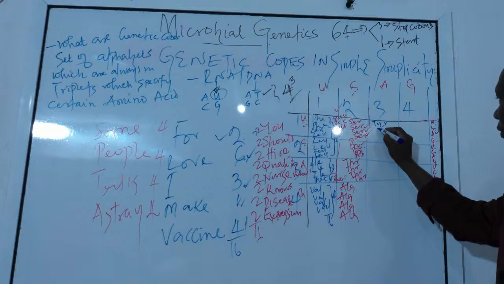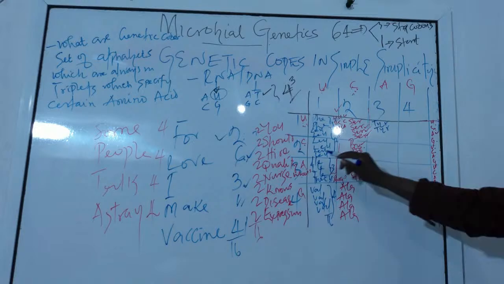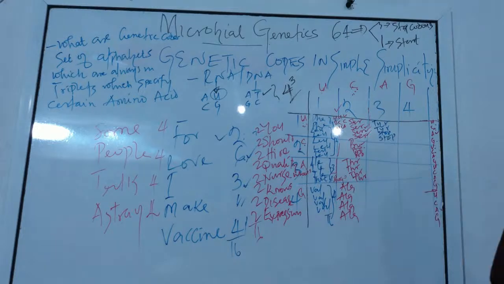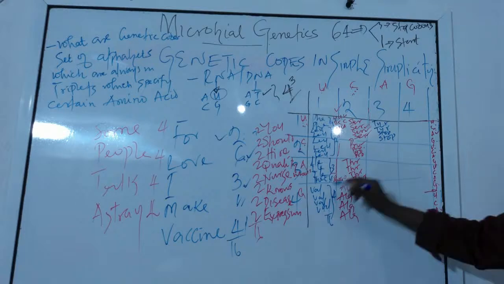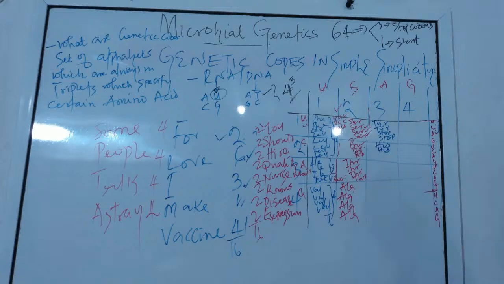Okay, followed by the next one, which is should. This one should be stop, which is going to be another 2. Then the next one, hire, which is histidine, which is also going to be 2.